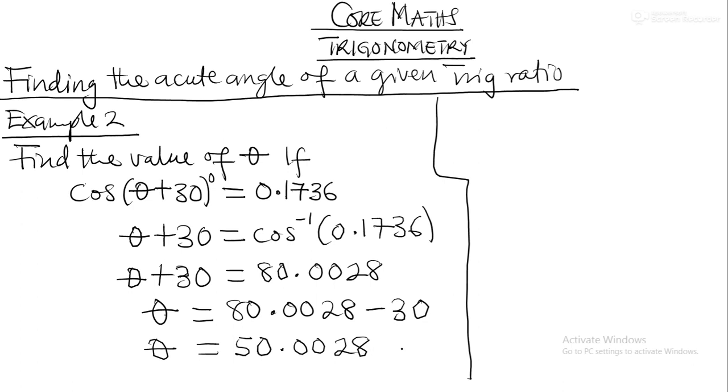You don't just write 50 straight away. It is not acceptable. So if you are to approximate, then our theta can be equal to 50.